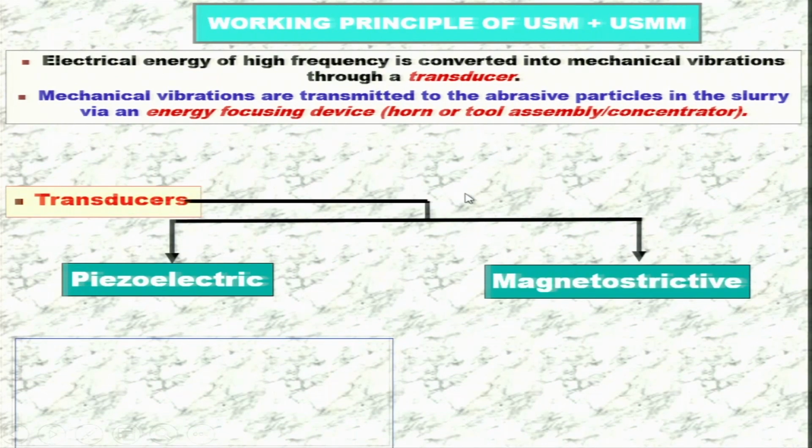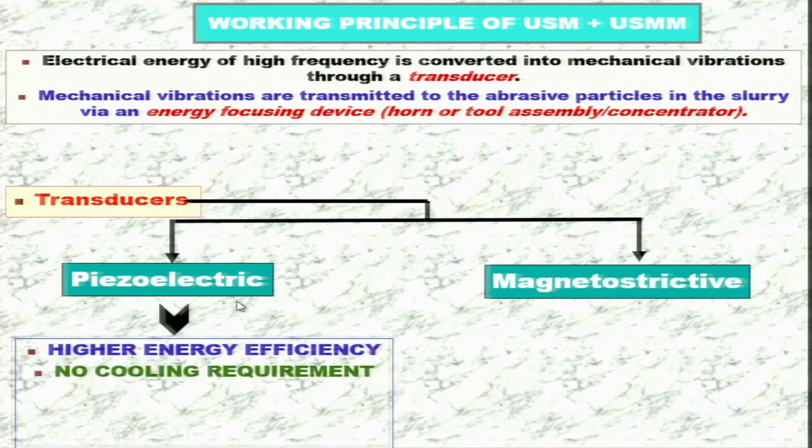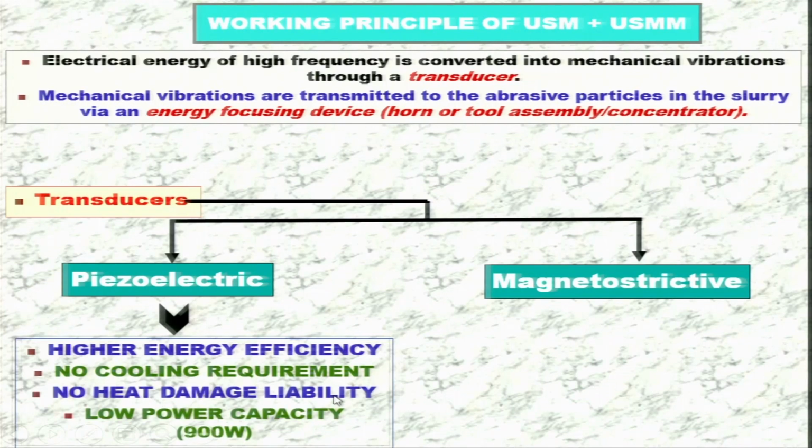Transducers are basically of two types, depending upon what kind of power you need from the transducer. You have the piezoelectric transducer and the magnetostrictive transducer. You can see here piezoelectric transducers give higher energy efficiency, no cooling is required, and no heat damage liability, but low power capacity.